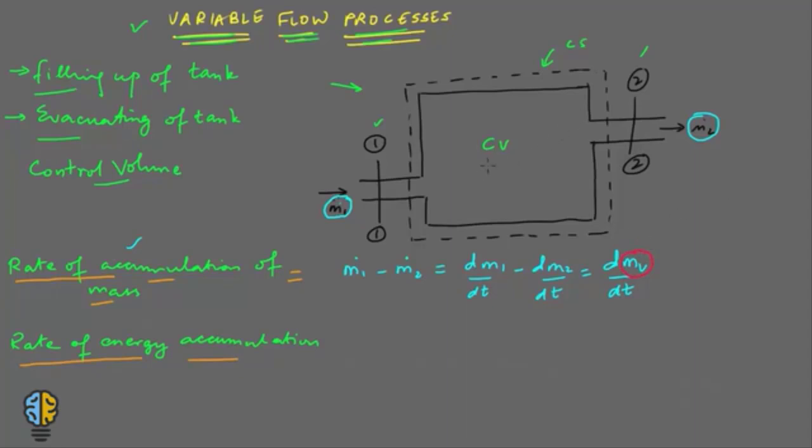This is the mass accumulated inside the control volume. This is the first thing we are interested in because it is a non-steady state condition.